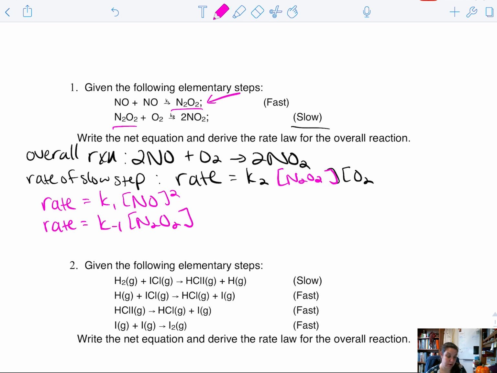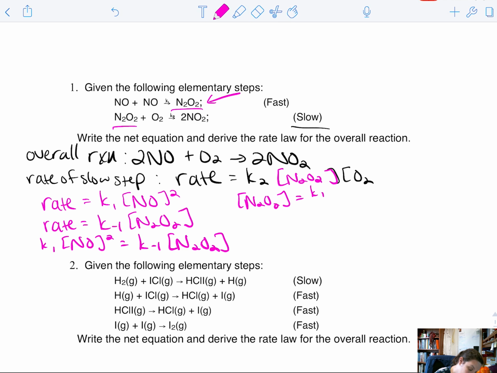We set the 2 rates equal to each other, and we get K1 NO squared equals K minus 1 N2O2, and then we solve for N2O2. And then that expression will go in for N2O2 concentration.